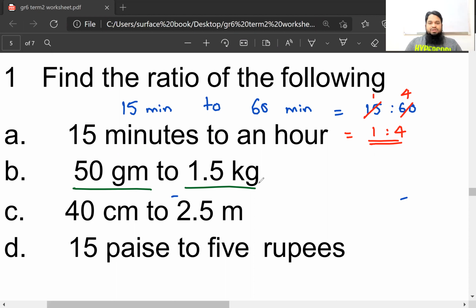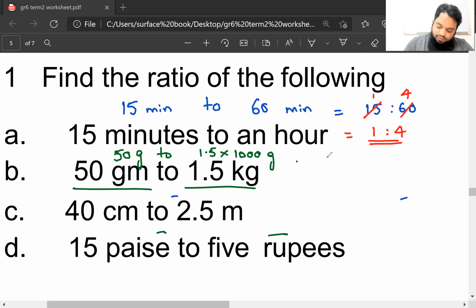It is much easier because you only have to multiply. So 50 grams to 1.5 kilograms. It is 1.5 multiplied by, can anybody tell me, 1 kilogram is equal to how many grams? Yes, right, 1000. You multiply with 1000 and it becomes grams.